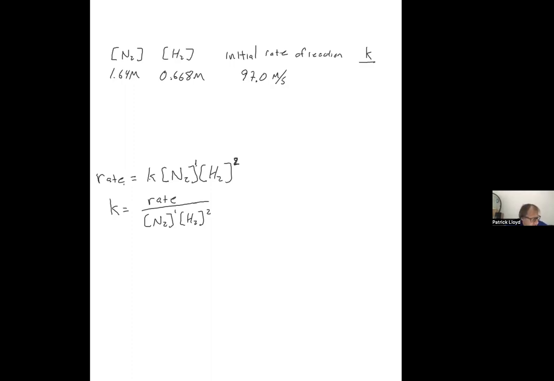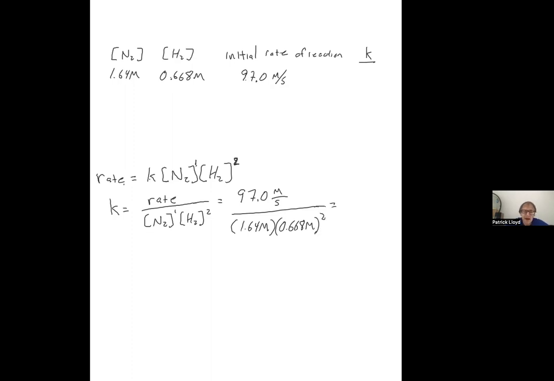So the rate is 97.0 molarity per second. Concentration of N2 is 1.64 molar, and that's to the first power. Concentration of H2 is 0.668 molar, but that's to the second power. So we have to make sure that we get that.